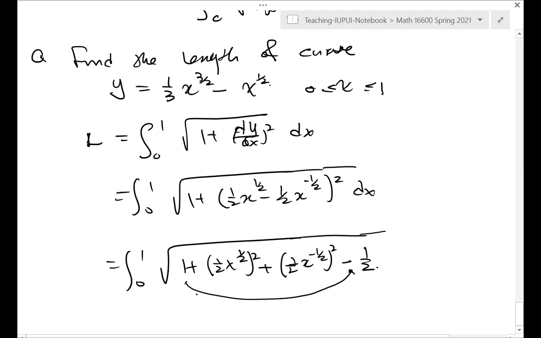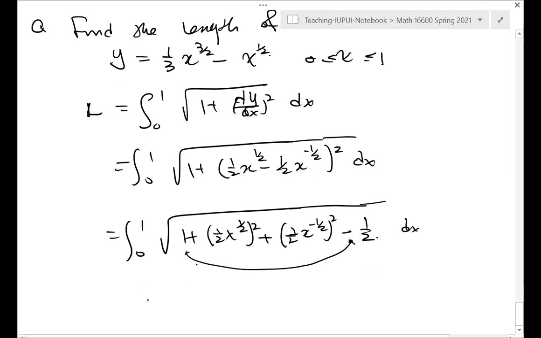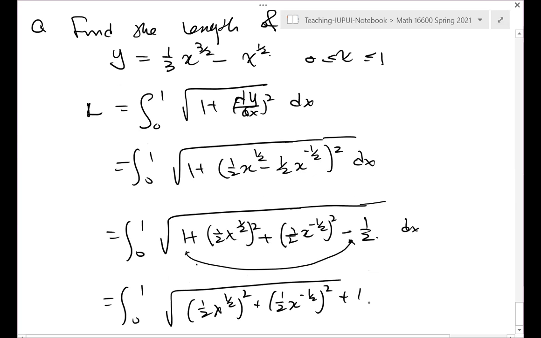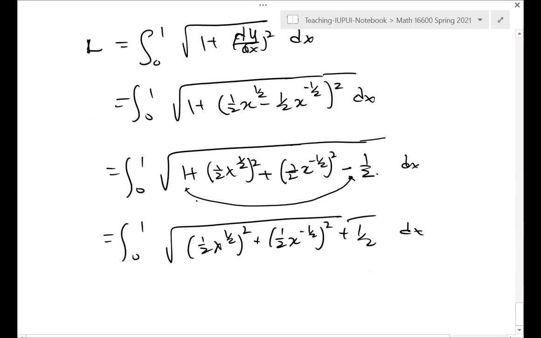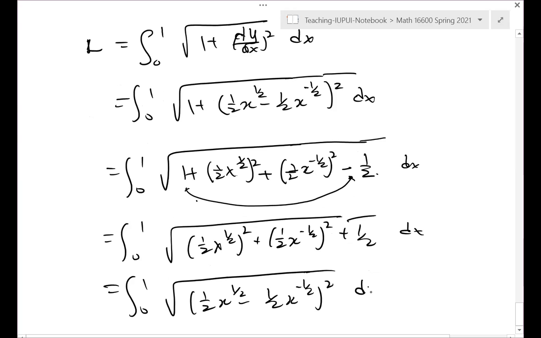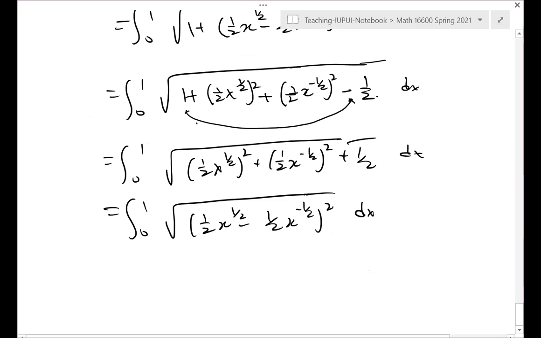But when you combine these two, you change the minus to plus. So this should be the square of something similar, but instead of subtraction, here it should be addition. So you get 1/2 x to the 1/2 minus something. Then you can get the radical. But be careful, it's possible to be negative. That's what I want to tell you.